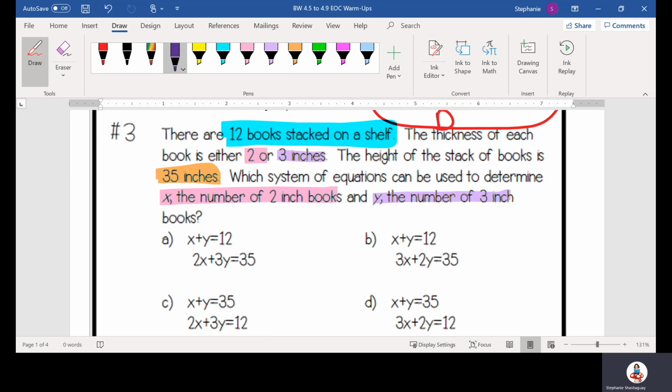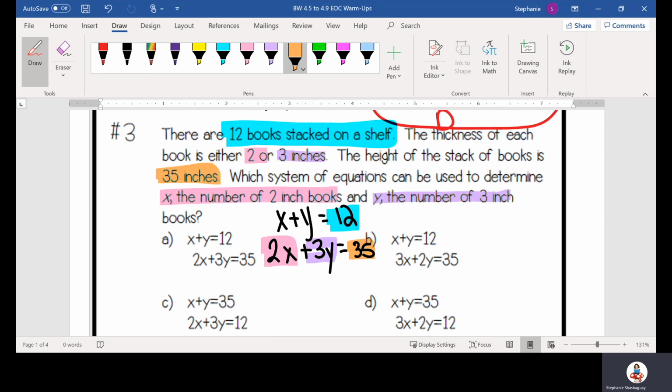Okay, so what we're going to have here is x plus y is equal to 12 because they have 12 books total. And then you have 2x because we're talking about 2-inch books plus 3y because they told us they want the 3-inch books to be represented by y. And that total, because of their height, is going to equal 35.